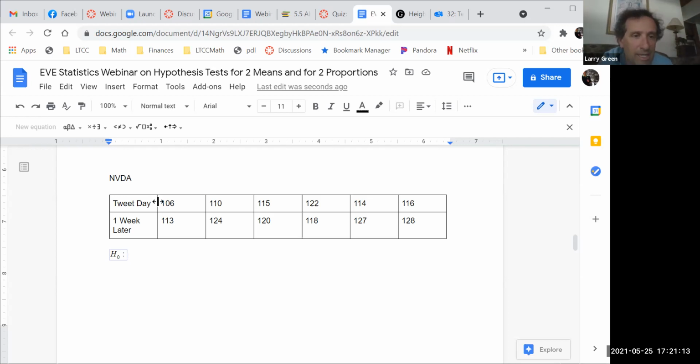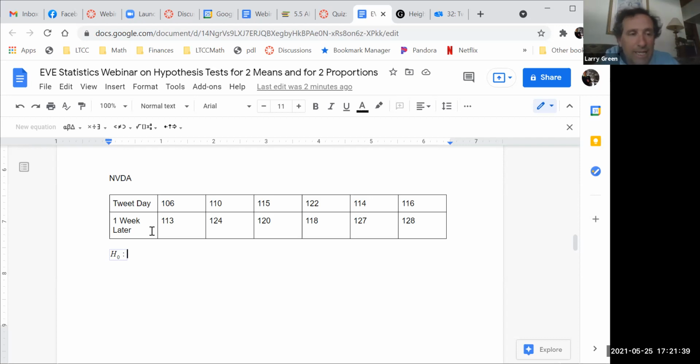Similarly, the stock has two answers to each tweet. Sometimes it's by day, sometimes it's by person. When you have these two answer studies, we call that dependent data. And it's quantitative, so it's dependent means.